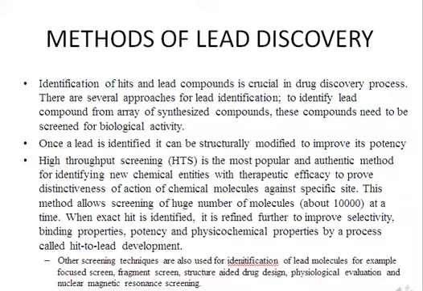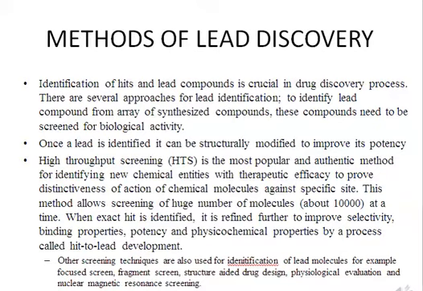So there are several approaches for lead identification. You have to identify a hit compound from a large number of synthesized compounds, right? And all of these synthesized compounds have to be screened for biological activity. So you have tens of thousands of compounds or more.